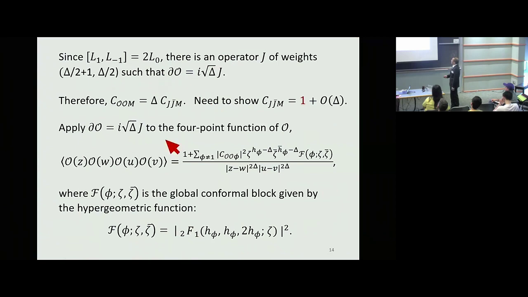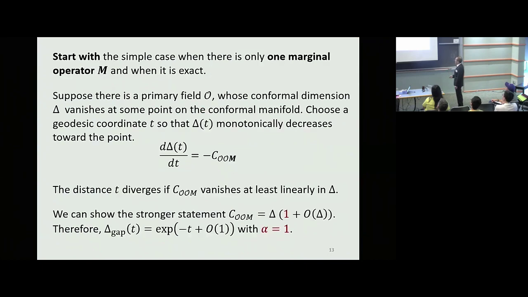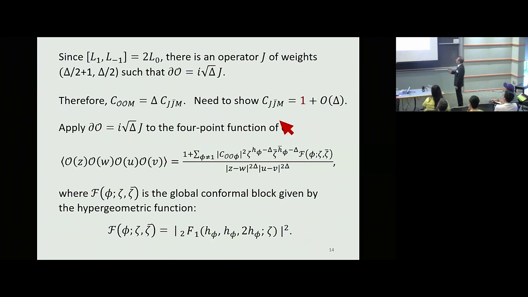Therefore, you can show that the 3-point function of j j-bar m is equal to the 3-point function of this by this relation with the extra delta in front. So what we wanted to show was that this 3-point function goes like delta with coefficient 1, which is equivalent to saying that the 3-point function of j j-bar m goes to 1 in the limit. This is what I want to show.